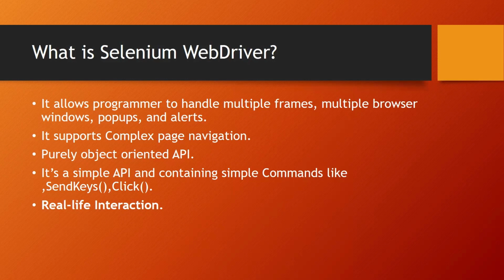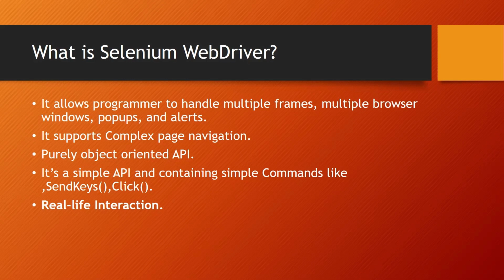The next point is that it is a simple API containing simple commands, so anyone can understand it easily. If we have to enter a value in a text box, we can just use the command sendKeys with the web element of that text box, and we can enter the value we want in the text box.